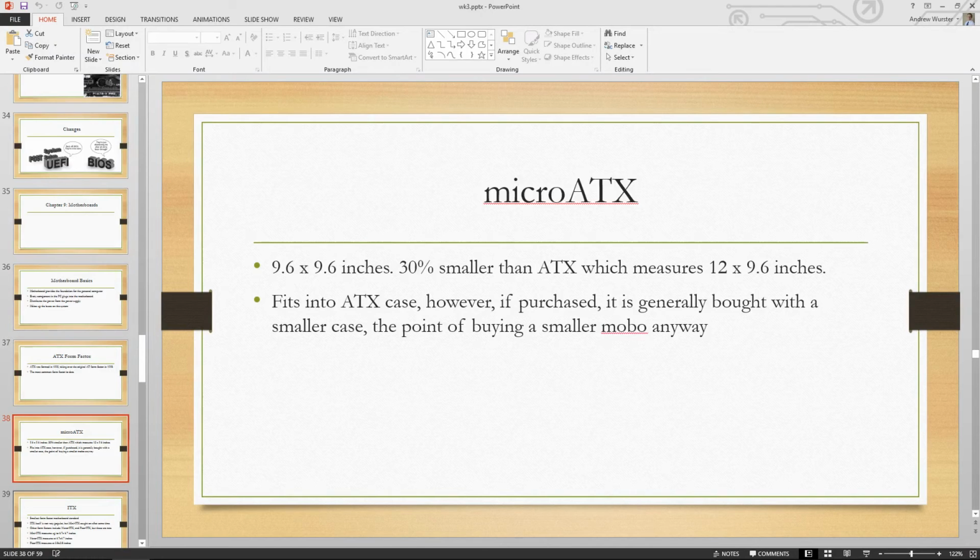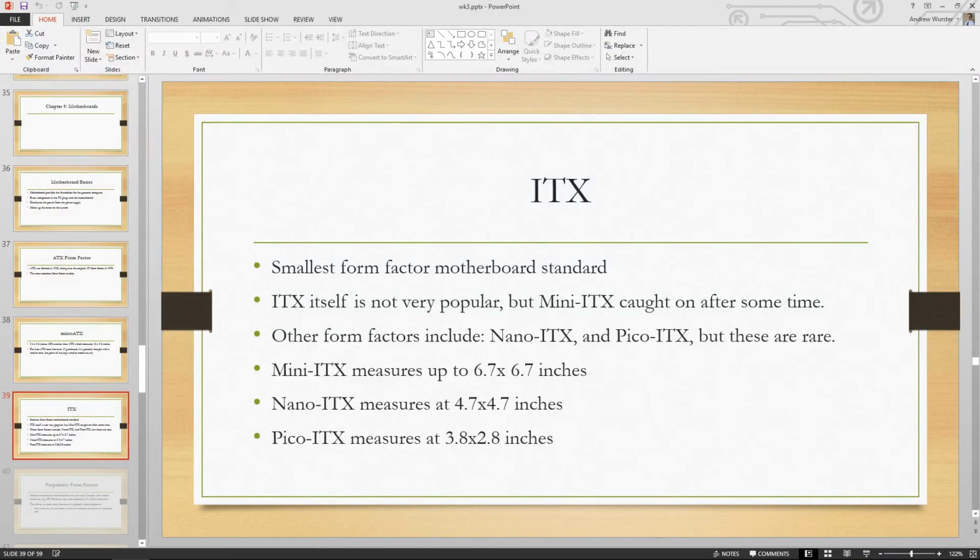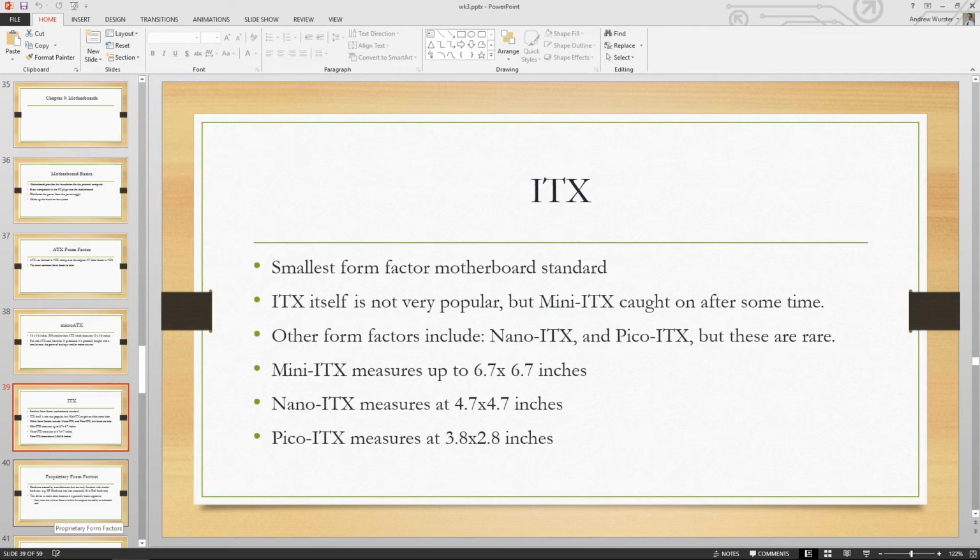The next one is known as ITX, and it's not really popular, but there are variations of it that are popular, such as Mini ITX, Nano, and Pico ITX, and they all get sequentially smaller. The most common is Mini ITX.